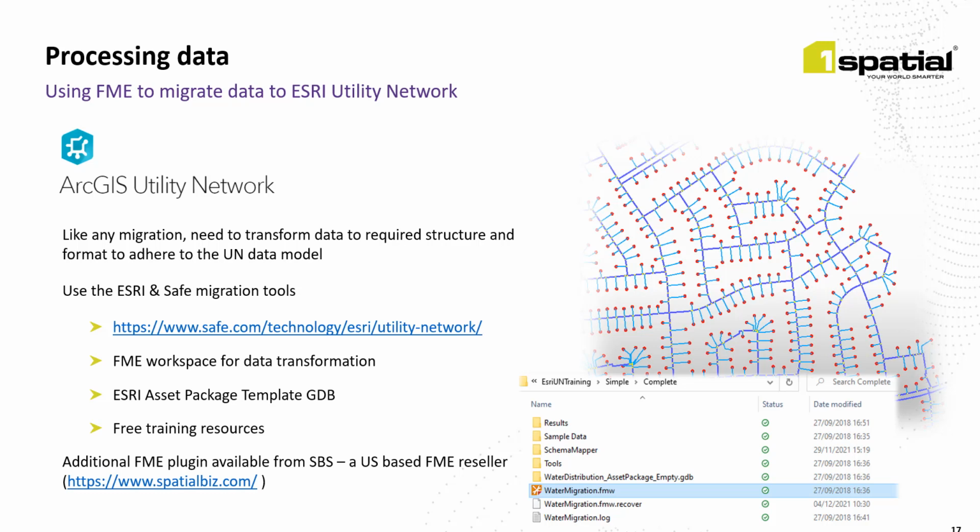And there's also some free training resources to help you on your way. So if you are considering migrating to Esri UN, I'd recommend you take a look. As an aside, there is also an additional commercial plugin from SBS based in the US, which might be of interest.